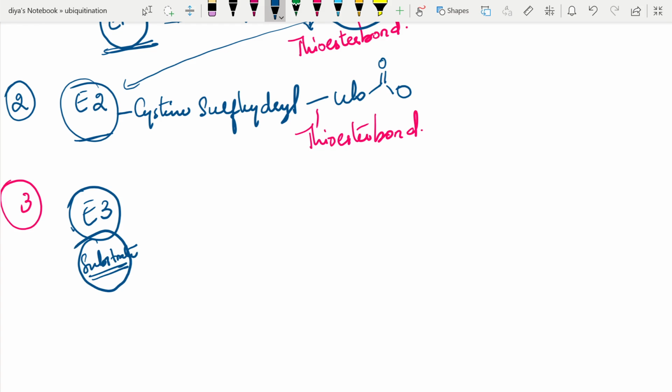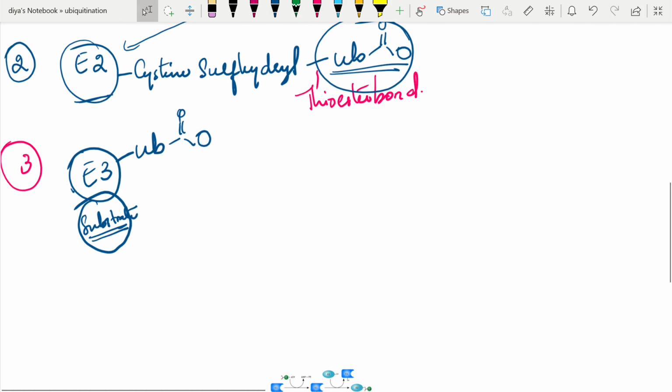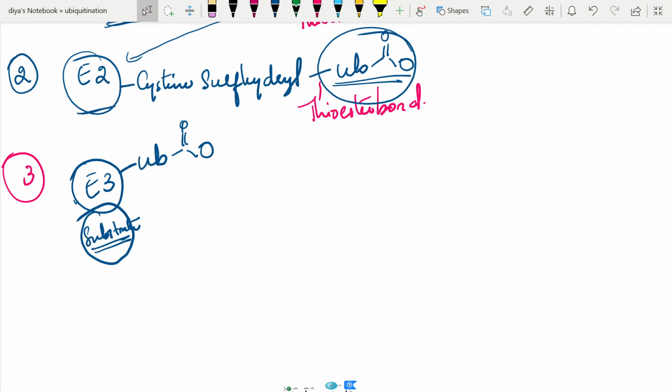Now this E3 enzyme takes away the ubiquitin from the E2, and this ubiquitin is attached to the N terminal of the protein substrate, that is lysine.